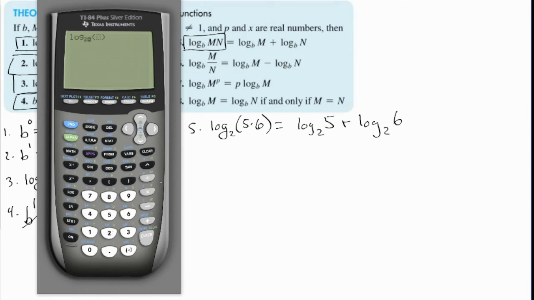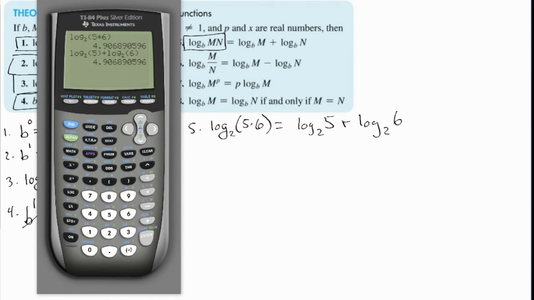If I take log base 2 and do 5 times 6 and hit enter, I get 4.90689. But if I did log base 2 of 5, and then I added log base 2 of 6, you see we get the same answer.